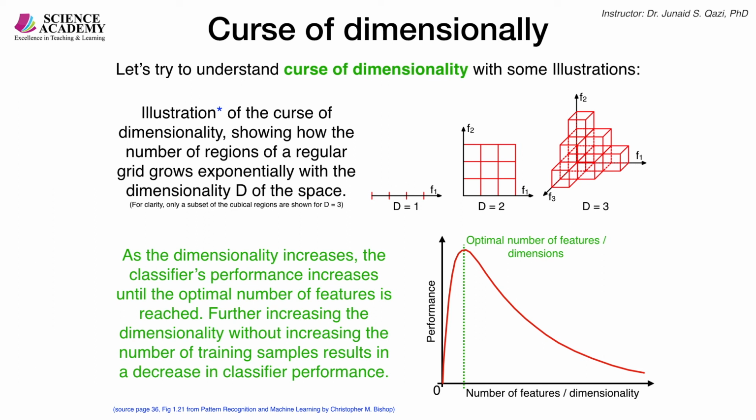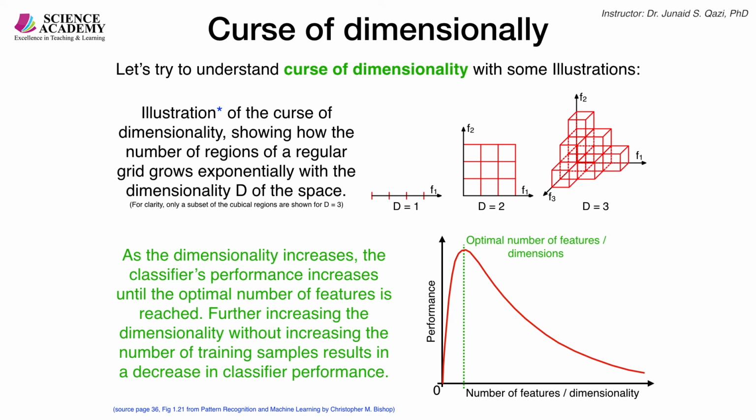The performance of our machine learning model or classifier is related to the number of features or dimensions. In the beginning, with increasing features, the classifier's performance increases until the optimal number of features is reached.